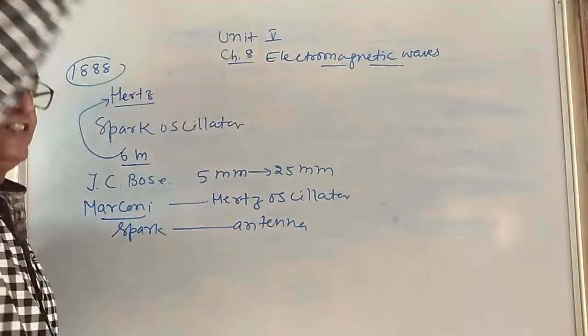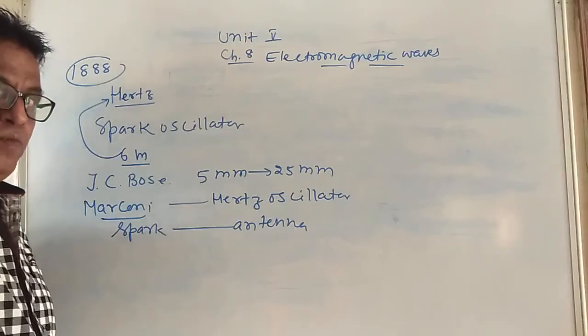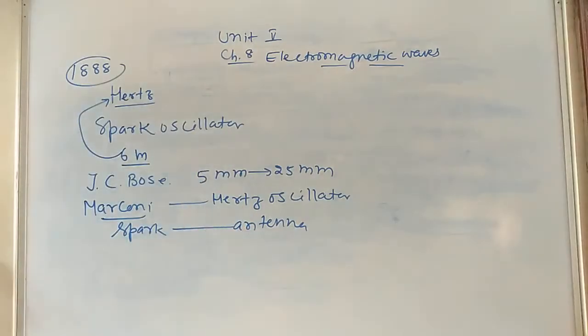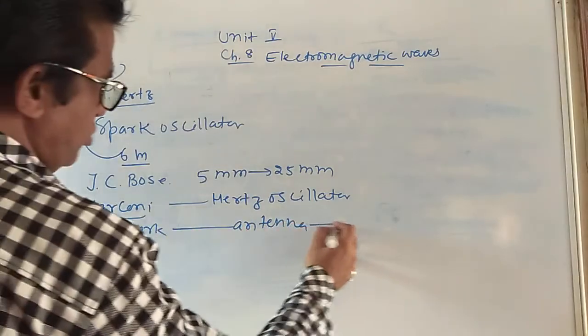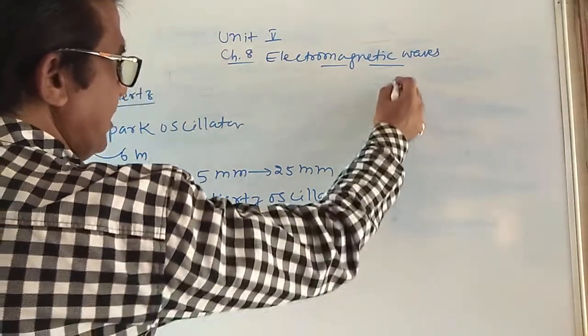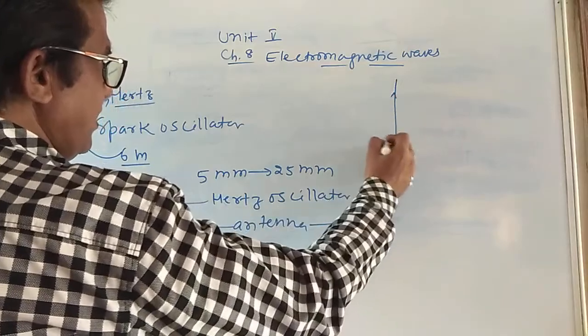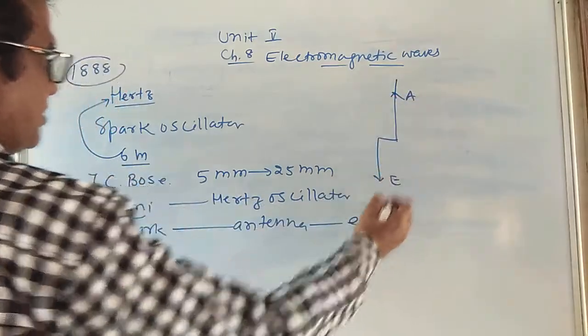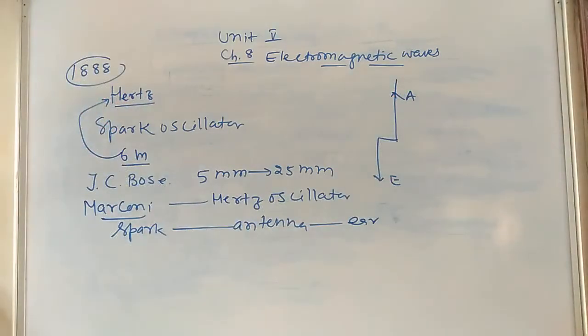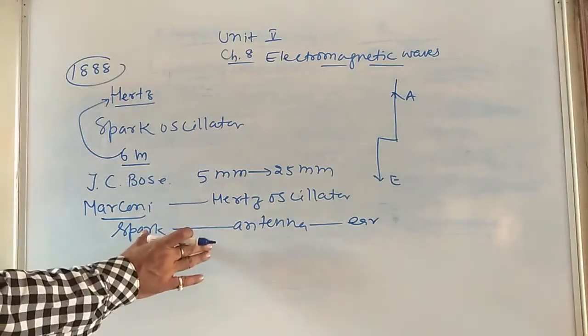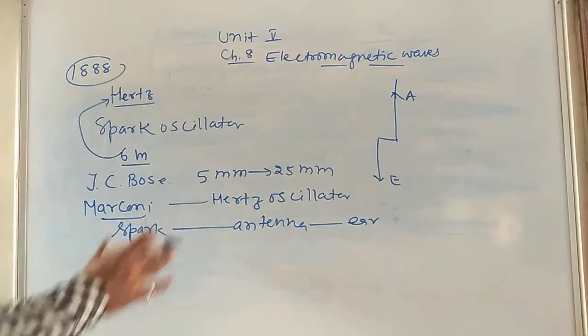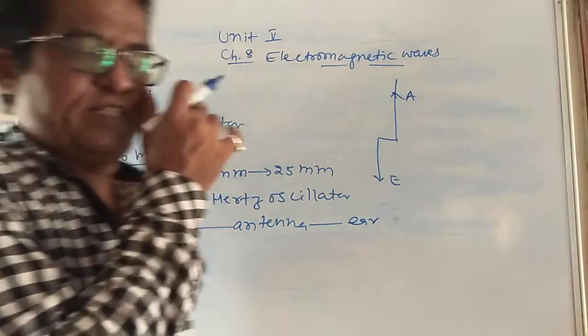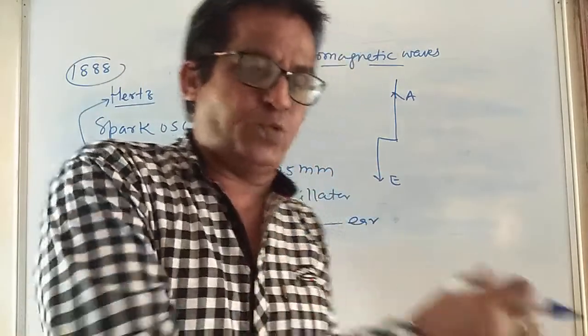Antenna is a big piece of, say, aluminium or copper, and the other terminal is going to be earth. One is connected up like this and the other is going to be earth. This is antenna. This is earth. The electromagnetic waves so produced can go up to several kilometers. We are going to see this experiment.